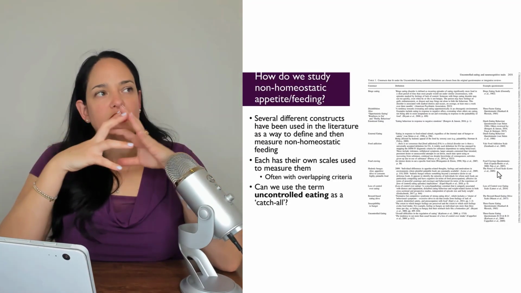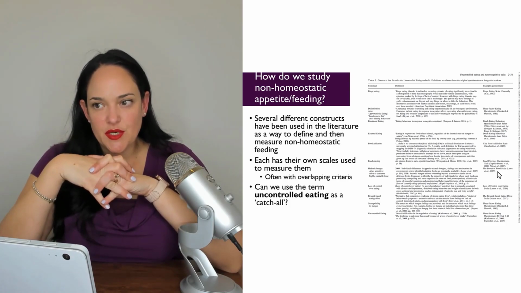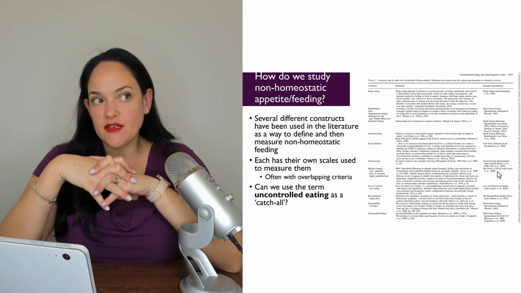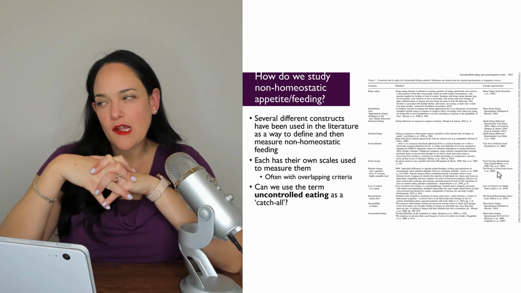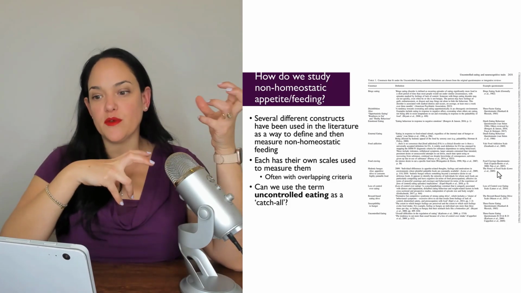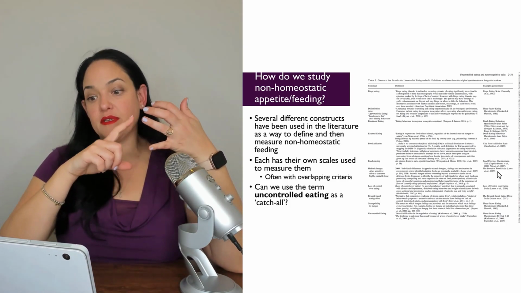So this slide is really about some of the difficulties in unpacking this literature, and part of the problem is that there are so many different constructs used to help us understand the different versions there might be of non-homeostatic appetite, right? So binge eating is an example of non-homeostatic appetite.